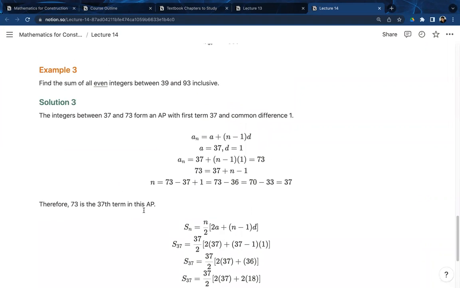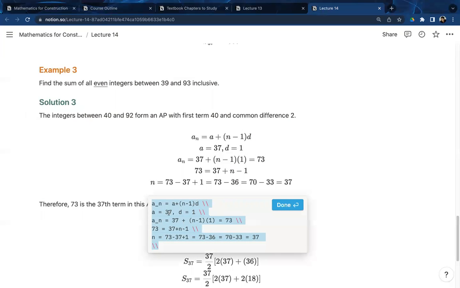So the even integers between these numbers here are really 40 and 92. They form an AP with first term 40 and common difference 2, right? So in this equation here, I put 40 and 2. And then we want to know what term is 92.